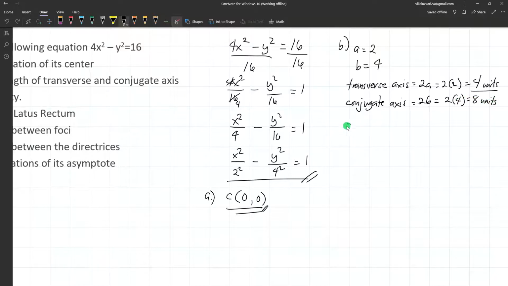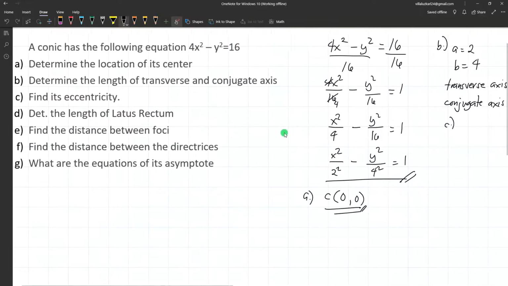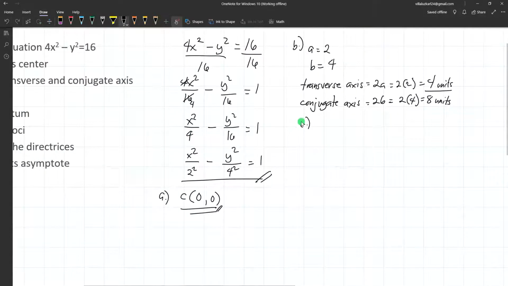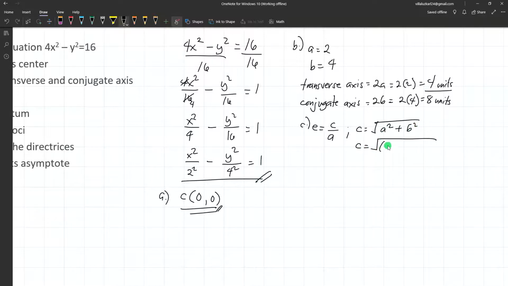C is required to determine the eccentricity. We will use the same formula, eccentricity equals c over a, where c is equal to the square root of a squared plus b squared. So c equals the square root of a, which is 2 squared, plus b, which is 4 squared.